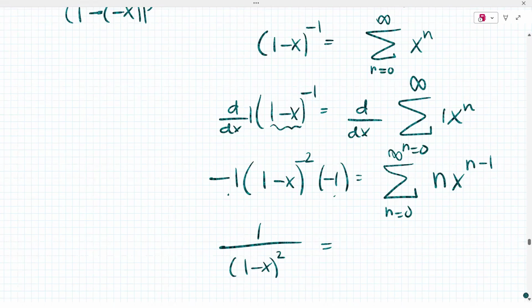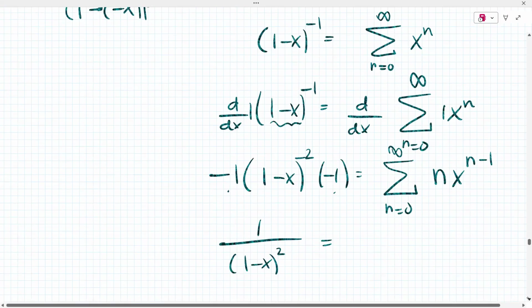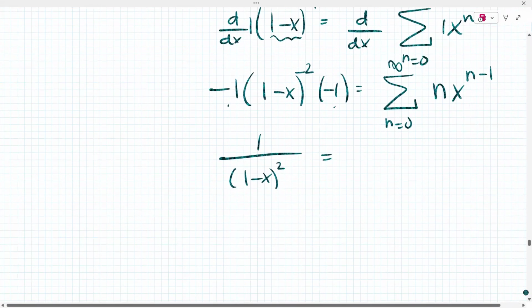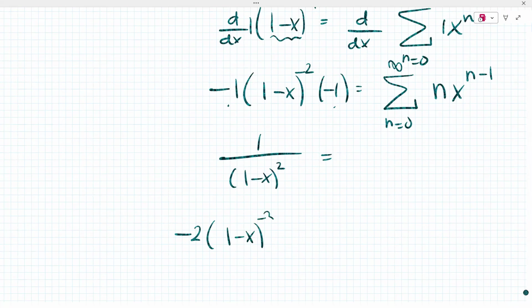So now what we have is negative 2 and 1 minus the negative 3 times negative 1.